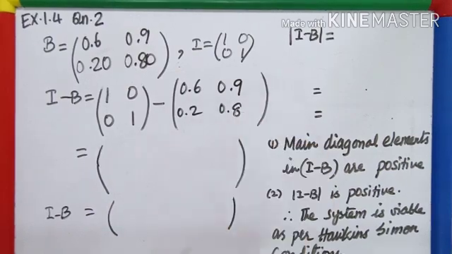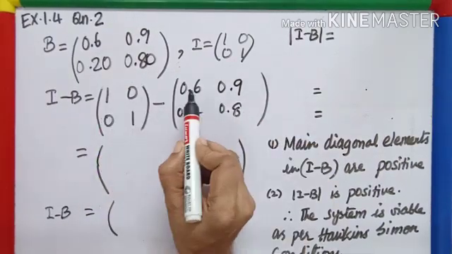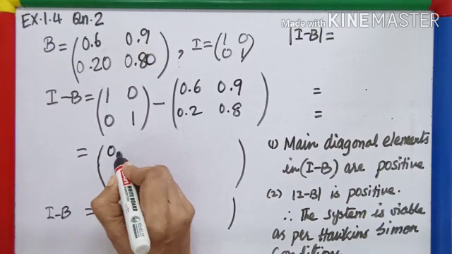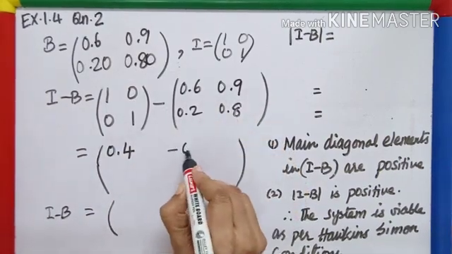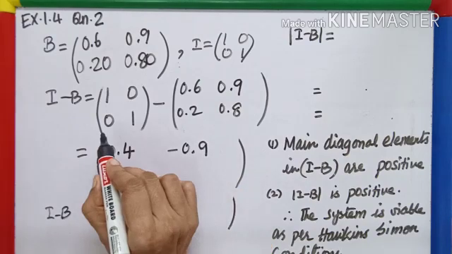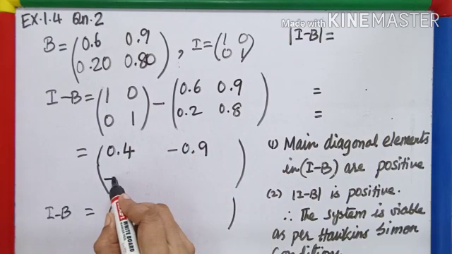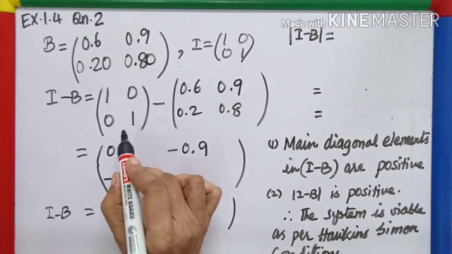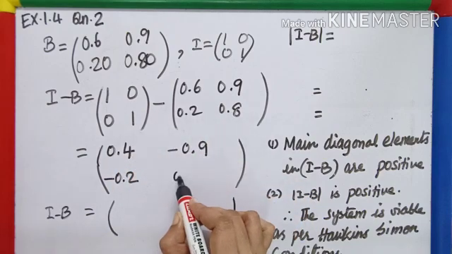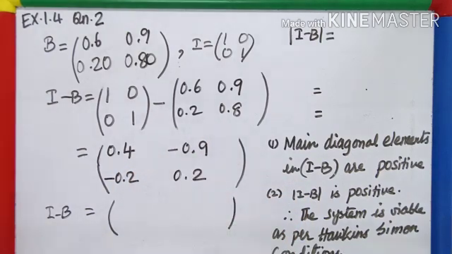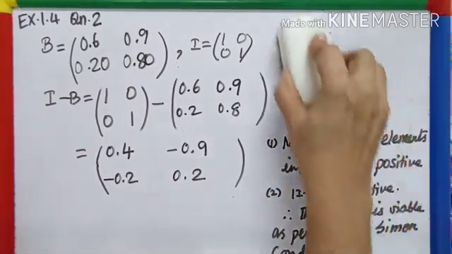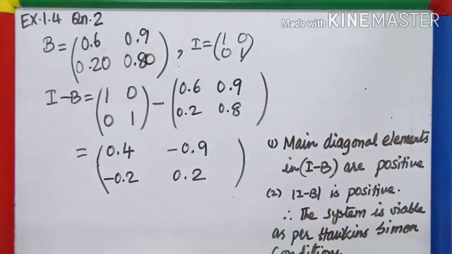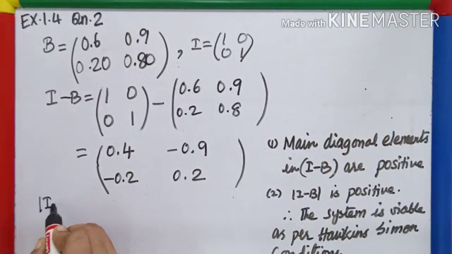As I subtract 1 minus 0.6, my answer is 0.4. 0 minus 0.9, minus 0.9. 0 minus 0.2, minus 0.2. 1 minus 0.8, it is 0.2. Now, the main diagonal elements are positive. Therefore, I can directly go on to the determinant value.